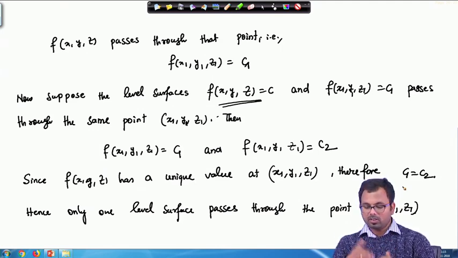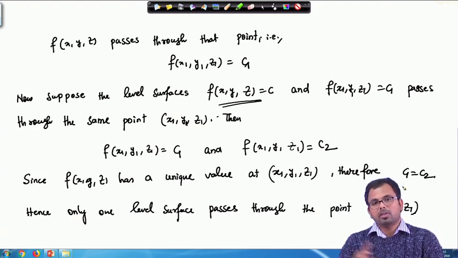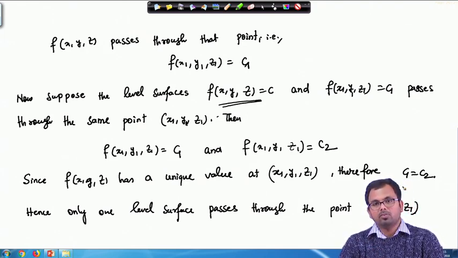Only one level surface can pass through the point x1, y1, z1. So, when you have a certain point in the region R, one and only one level surface will pass through that particular point, and this is what we wanted to prove.